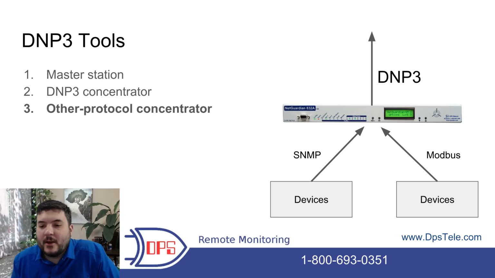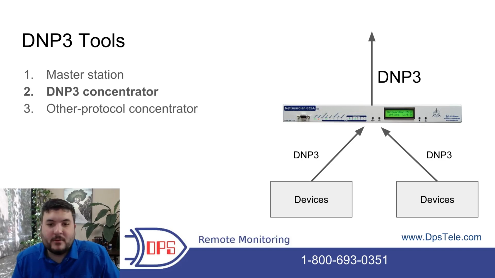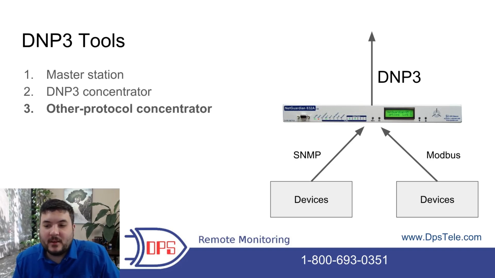Well, as you see in the diagram, we can take SNMP into something like a NetGuardian RTU, collect Modbus using that NetGuardian RTU, and then have that RTU be set to report DNP3 up to you. In doing that, it's essentially converted all the alarm data into something that you can actually use. So that would be perhaps a superior example of a mediating concentrator that isn't just pulling together DNP3 as we saw previously, but is actually converting other protocols into DNP3.